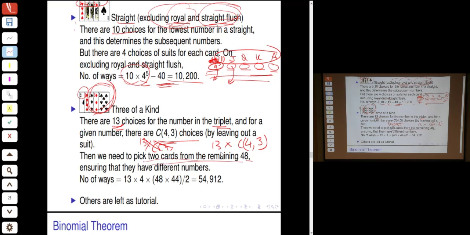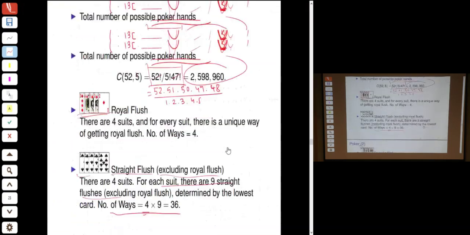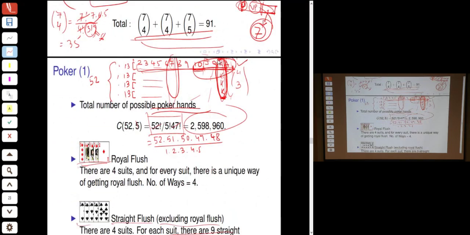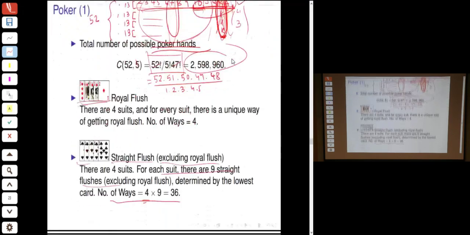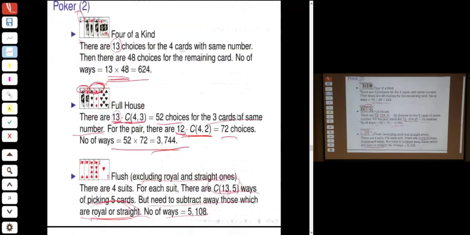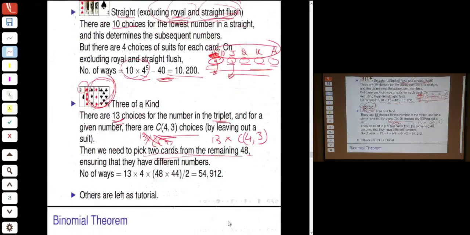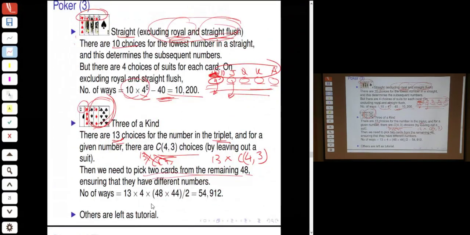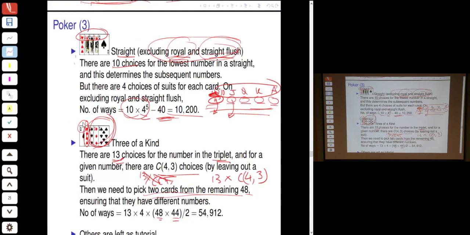That number cannot be repeated, so you forget the cards of the number which belong to the triplet. So there are 48 other cards, and from these 48 cards you can choose any of them for the first one, and for the next one you can choose any other card having a different number from the first card.